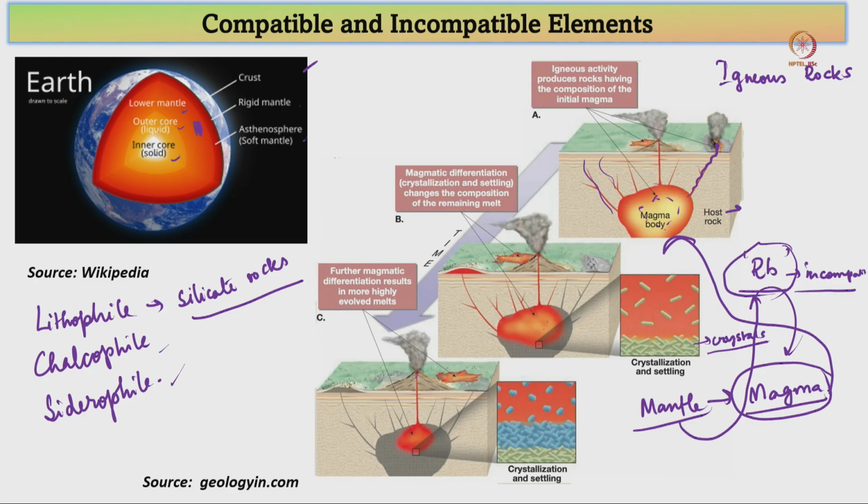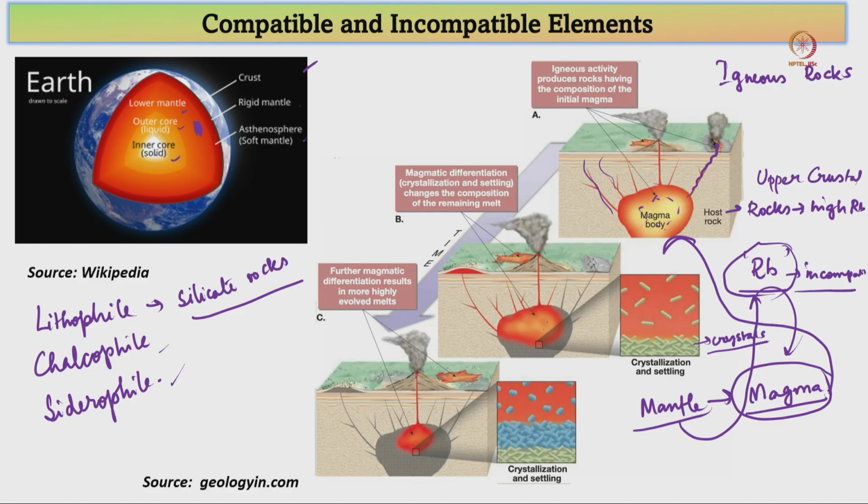So, therefore, these igneous rocks, these upper crustal rocks, have high rubidium. These upper crustal rocks will have higher rubidium.